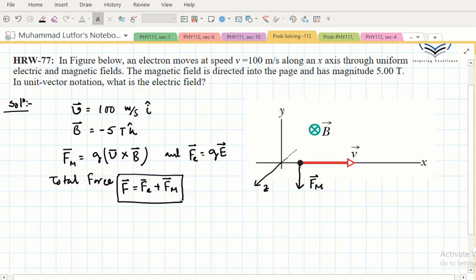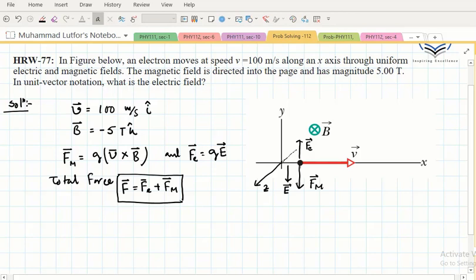To balance this force, the electrostatic force must be in the upward direction if the electron is to move at a constant velocity. To make the force on an electron upward, the electric field must be in the downward direction, since a positive charge moves in the direction of the electric field and a negative charge moves in the opposite direction.